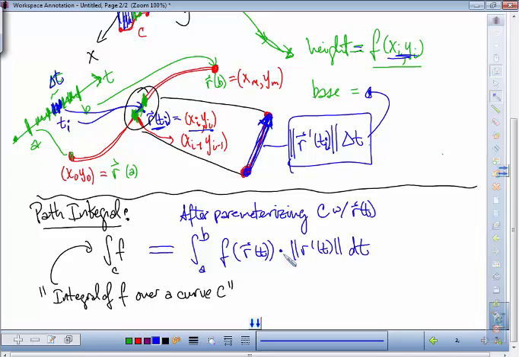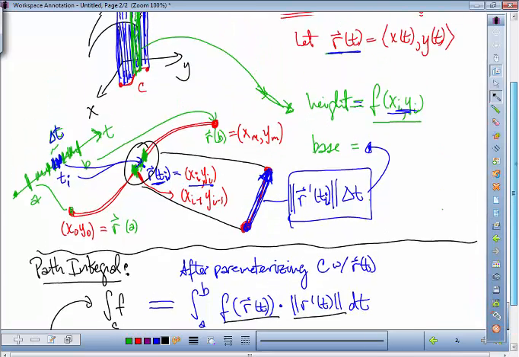Now I put this symbol over here, dot. Is this multiplication or is it a dot product? When you take the magnitude, it becomes a scalar.